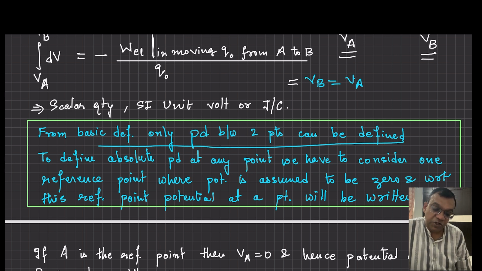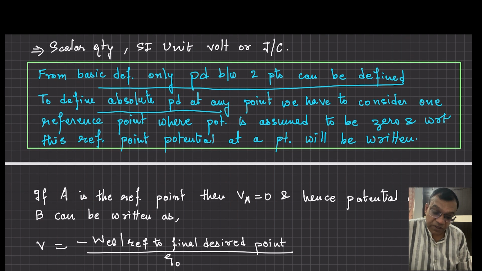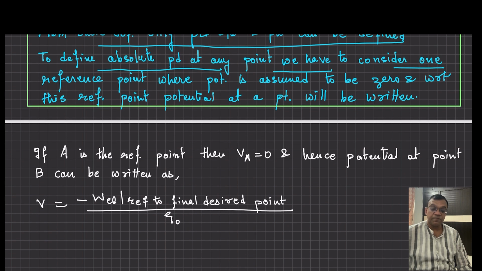From basic definition, only potential difference between 2 points can be defined. To define the absolute potential at any point, we have to consider one reference point where we assume the potential to be 0, and with respect to this reference point, we are going to find the potential at any point.